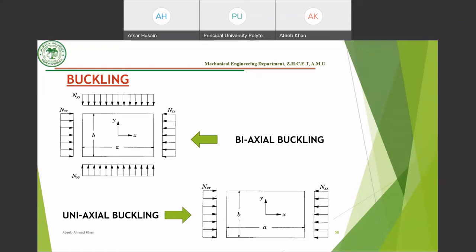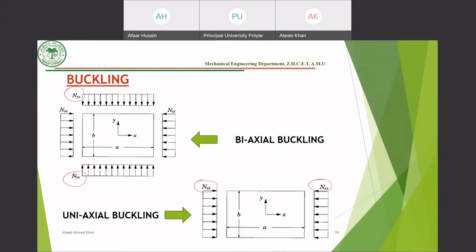Now, over here, you can see that NXX is the load applied in the X direction at which the buckling starts, or we can also call this the critical buckling load. And NYY is the load applied in the Y direction. Again, at this load the buckling will start, and we call it the critical buckling load in the Y direction, and NXX the critical buckling load in the X direction.